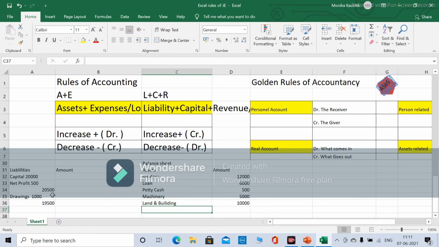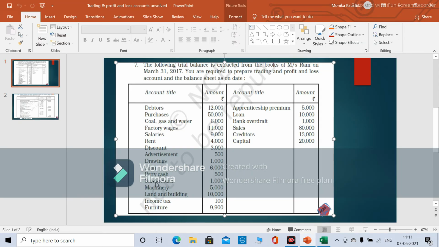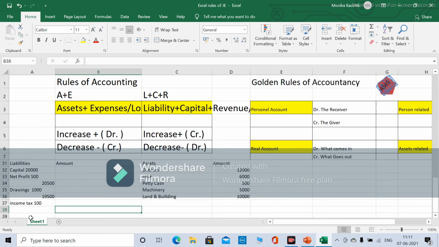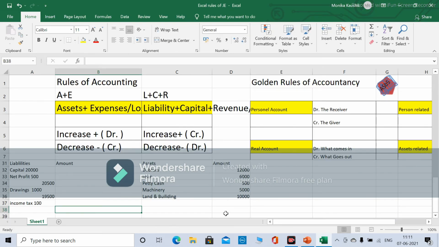Now this is income tax. This income tax I will have to deduct. This is the treatment of income tax, net profit and drawings. This is a very important topic. A lot of students get confused calculating capital, income tax, drawings and net profit, so understand it carefully.